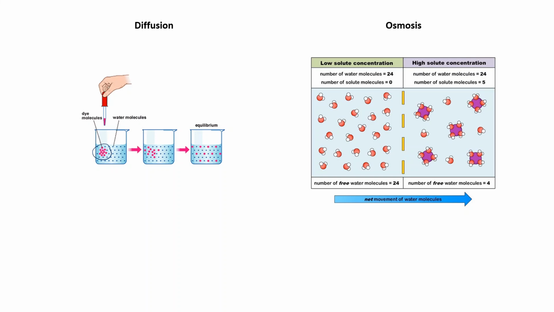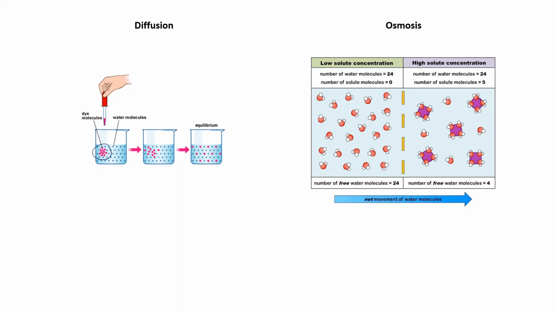If you were to leave this for a little bit of time, then what happens is the dye molecules will diffuse, and eventually, instead of just having a little small area of the beaker that has a very high concentration of dye, the dye will spread out to be equally distributed throughout the volume of the water.